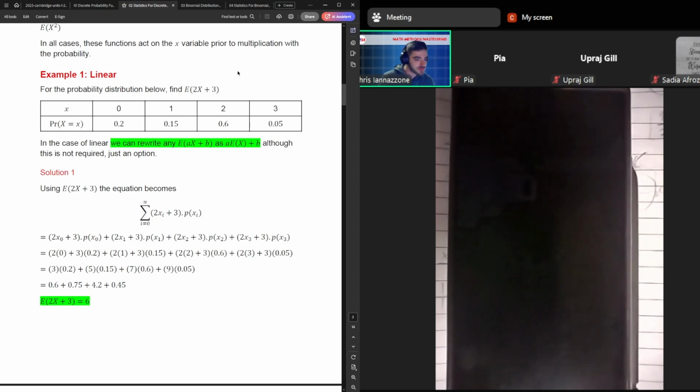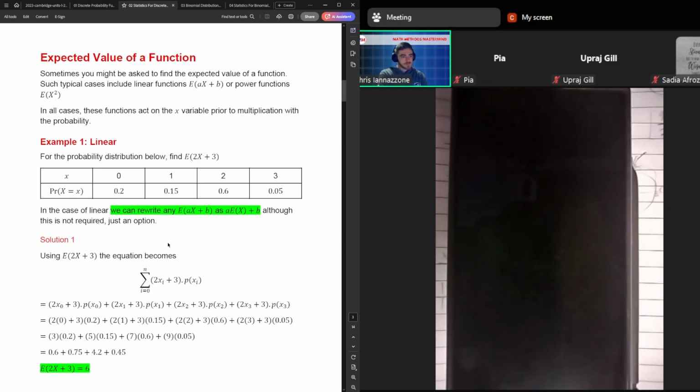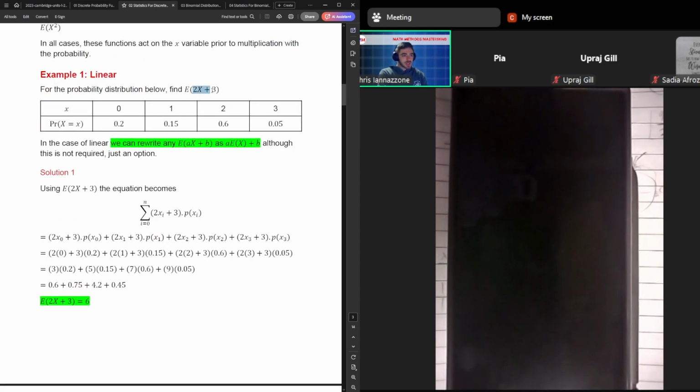So that's one way of doing it. It's pretty long, but at least it's a lot more like the previous example. There is a shortcut if the inside of your brackets is linear, and that's this situation here. So if you have any linear expression with a coefficient of a and a plus b, what you can do is take this coefficient out the front, and you can bring this plus b also out the front as an addition.